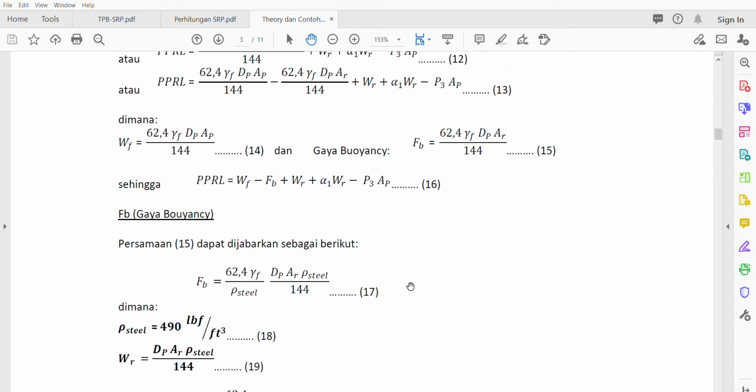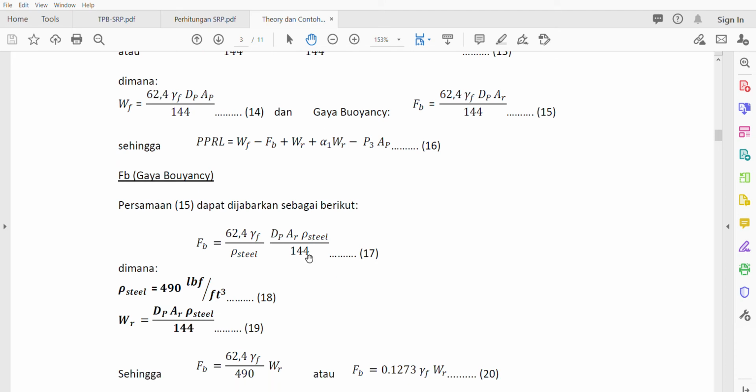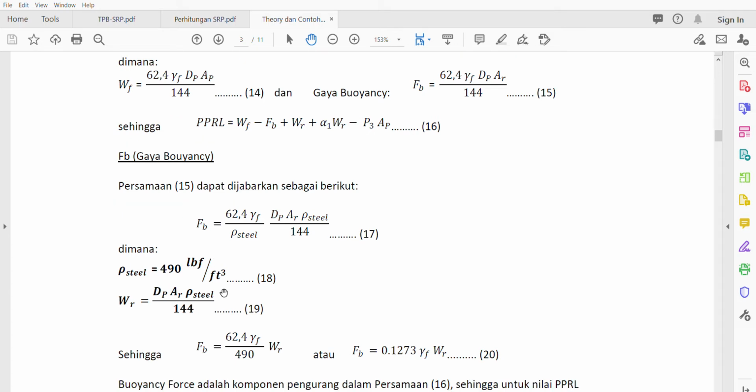And if we see that the buoyant force due to the rod steel is this equation, from here it becomes this equation, and the density of this we divide by the density of the steel. So the density of the steel is 490 pound force per feet cube. So if we call it, this is the weight of the rod itself.